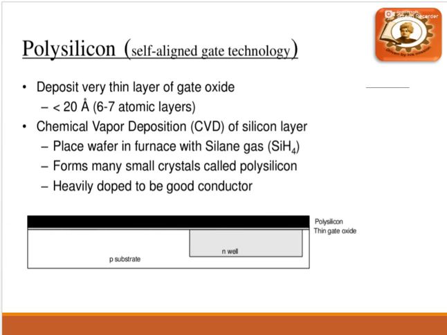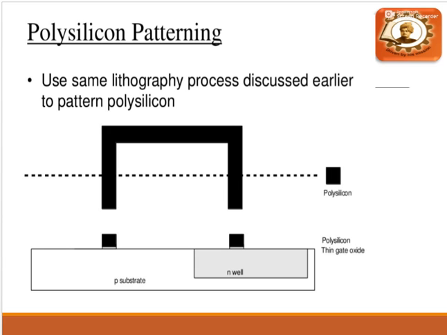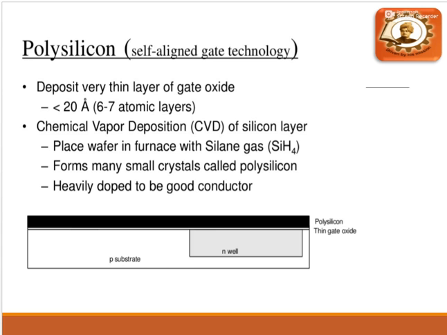The thin oxide layer is basically less than 20 Angstrom thick, and the polysilicon is deposited on that thin oxide layer. This is also shown in the figure.